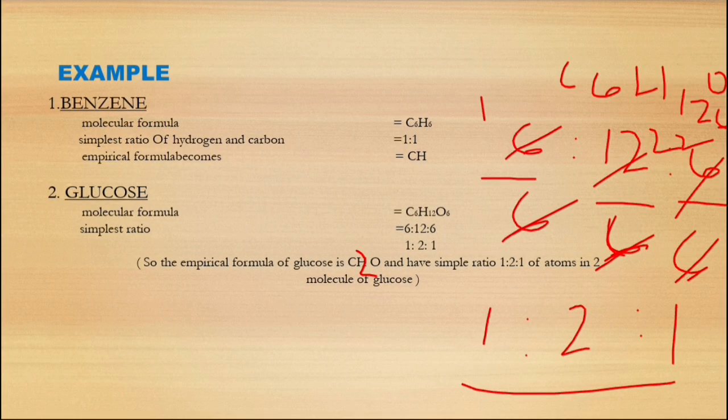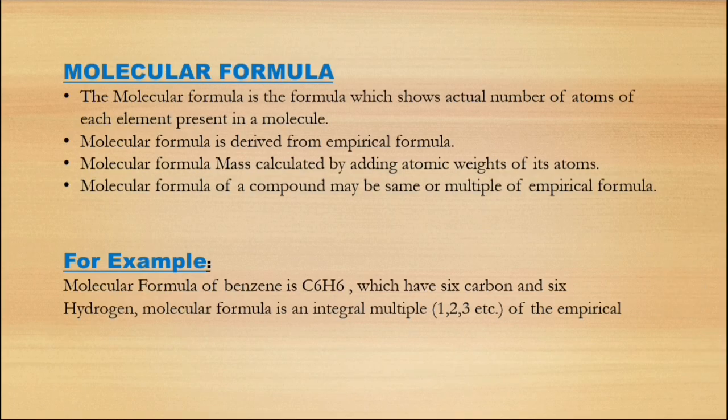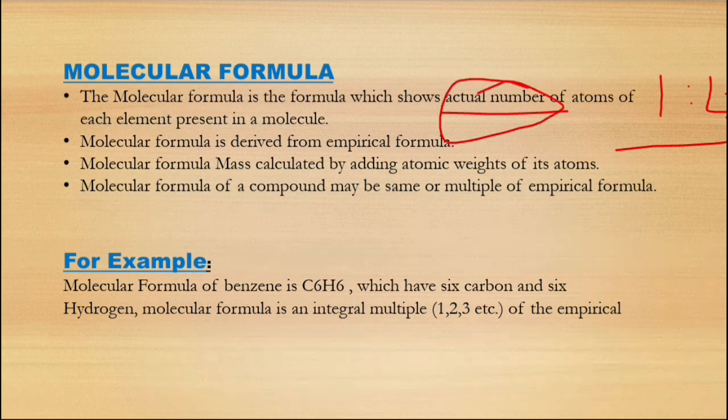Hope you people understand what the empirical formula actually is. Now, coming on to the molecular formula. The molecular formula shows the actual number. 1:2:1 was the simplest ratio, but the molecular formula shows the actual number of atoms of each element present in a molecule.